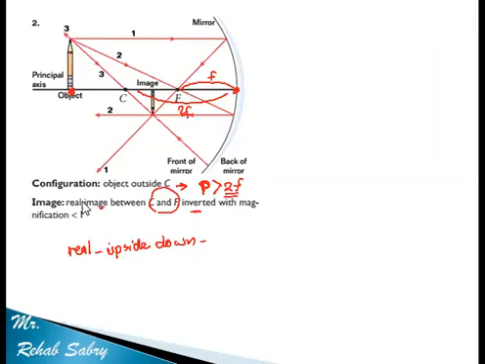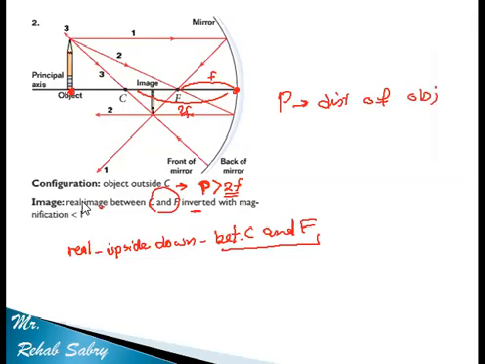Between C and F. Remember, P is the distance of the object, and Q is the distance of the image from the mirror.